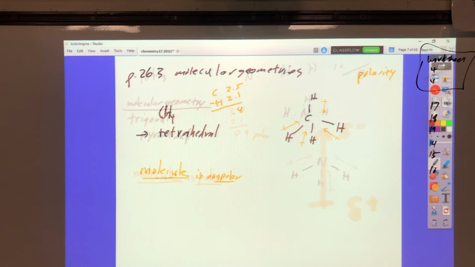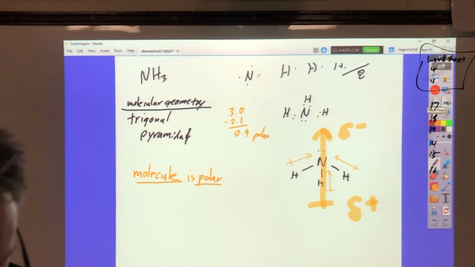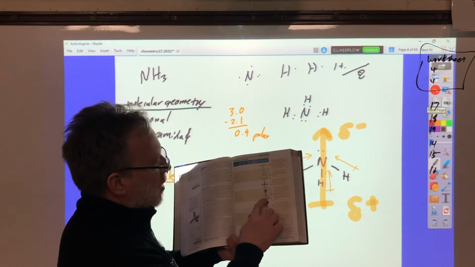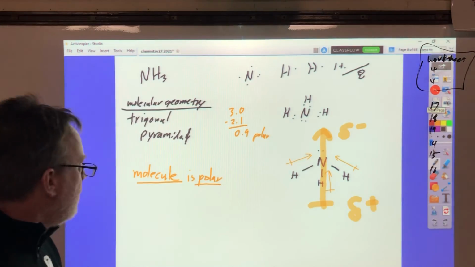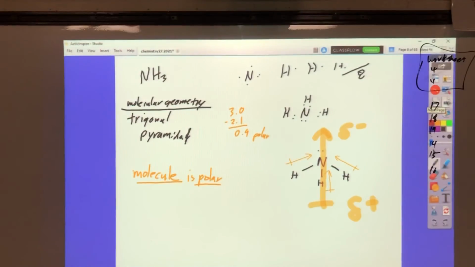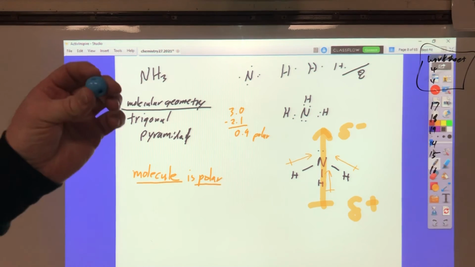Let's go to the next one I'm going to do off there. I'm going to jump up one, down one, and go to ammonia. That molecular geometry is triangular pyramidal. Your book calls it trigonal pyramidal. And I've got an ammonia, or a nitrogen atom right here.